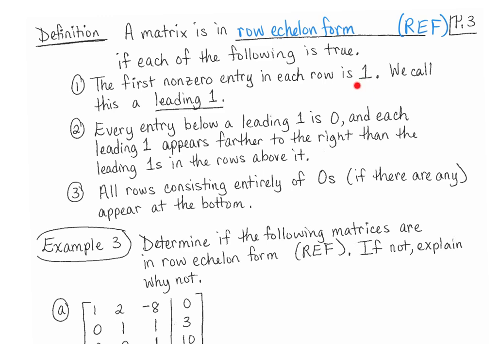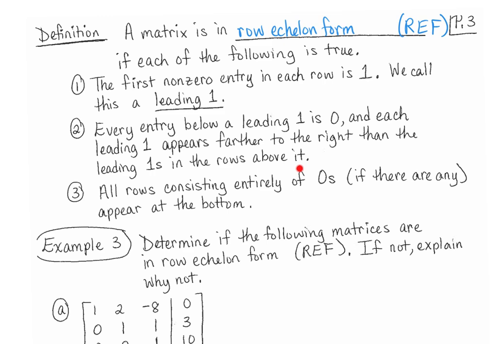That one is called a what? A leading one. Very good. Every entry below a leading one is 0. And each leading one appears farther to the right than the leading ones in the rows above it. Is too much being said?